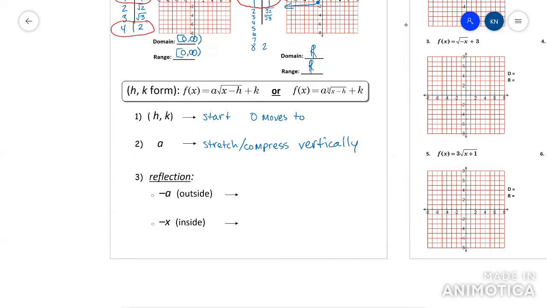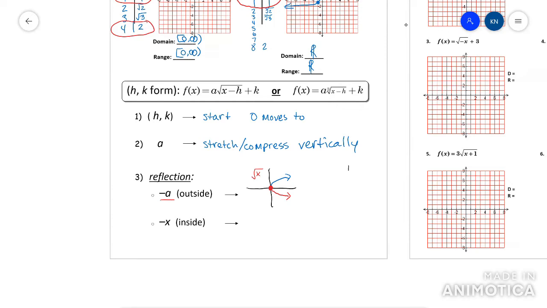All right. Negative A, negative X. Well, here's default for square root. If you have a negative A, it's outside, so it affects your y values, but it reflects across the x-axis. So negative A for a square root function looks like this.